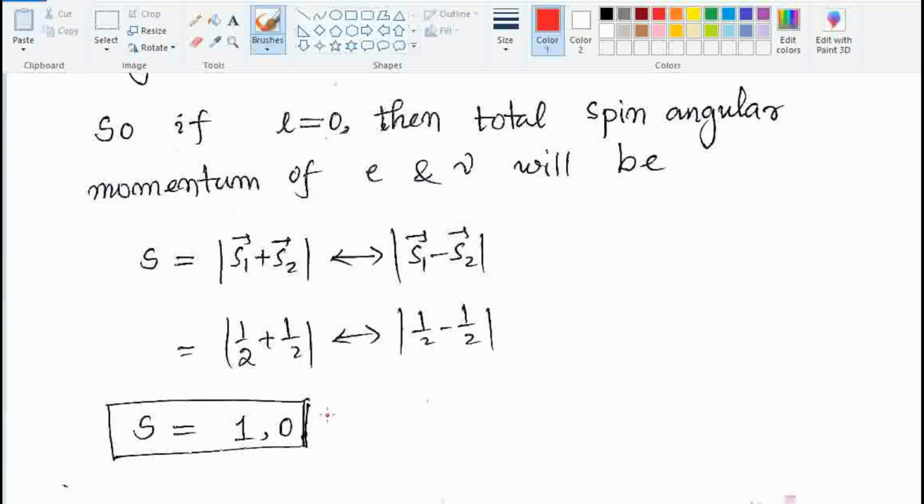This is the combined spin. You remember it. Spin equal to 1 is possible when both have parallel spin, and S equal to 0 means both outgoing particles have anti-parallel spin.